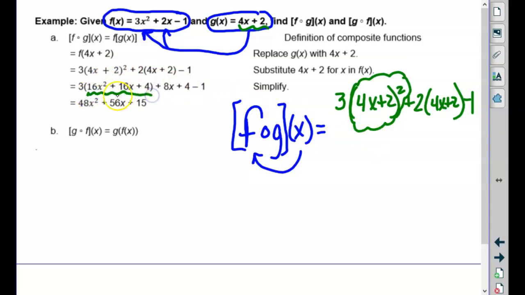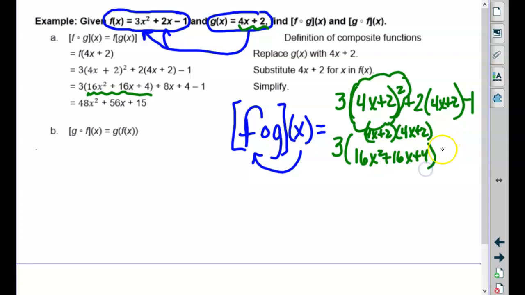They did it. 4x plus 2 times 4x plus 2 gave them 16x squared plus 16x plus 4. And then they still had all this at the back.